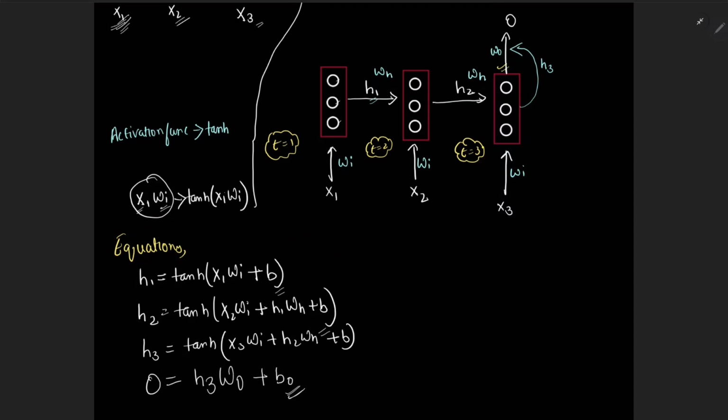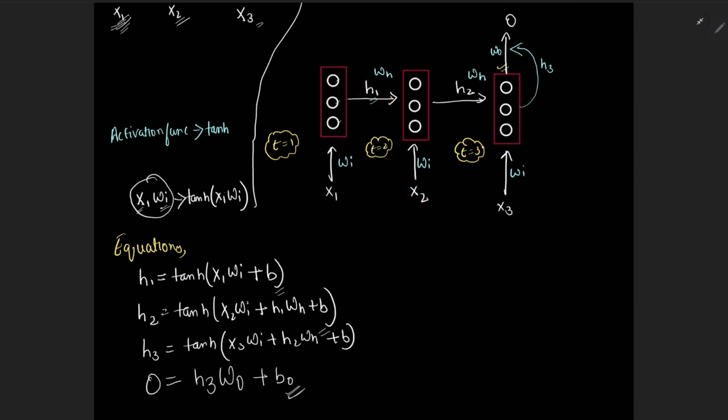For example, if we provide an input x1, we get a hidden state h1 which we pass to the next timestamp t equals 2 with a different input x2. That is, at the second timestamp, we are providing x2 and the information of the previous input through h1.